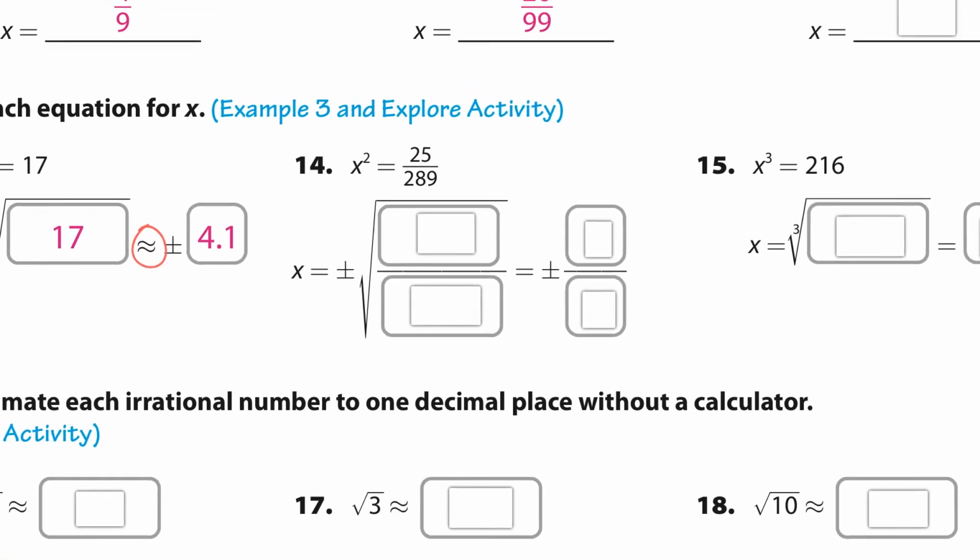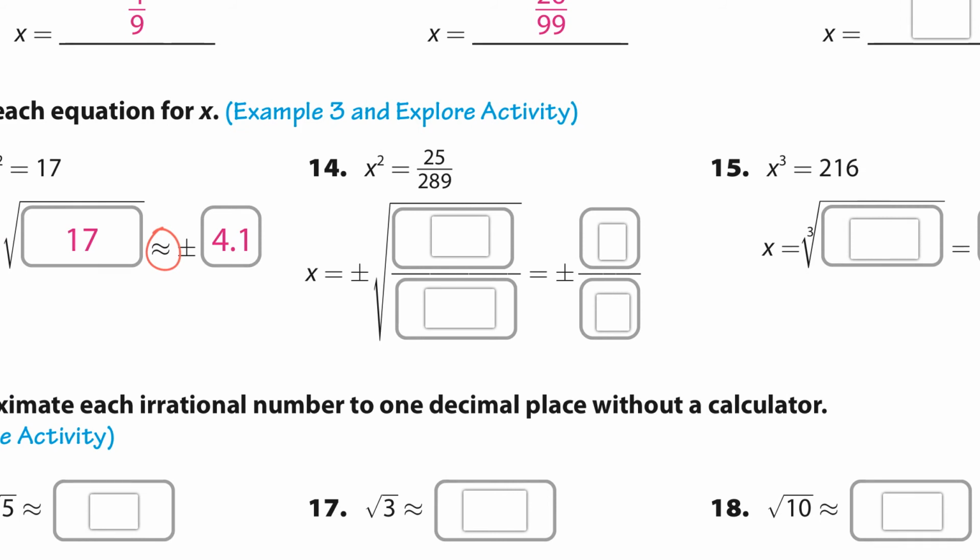Now, number 14, let's see. What you can do with this is, if some number squared is 25 over 289, then you can take the square root of each of them. You take the square root of the whole thing. So you take the square root of 25 over the square root of 289. And the square root of 25, well, that's pretty easy.